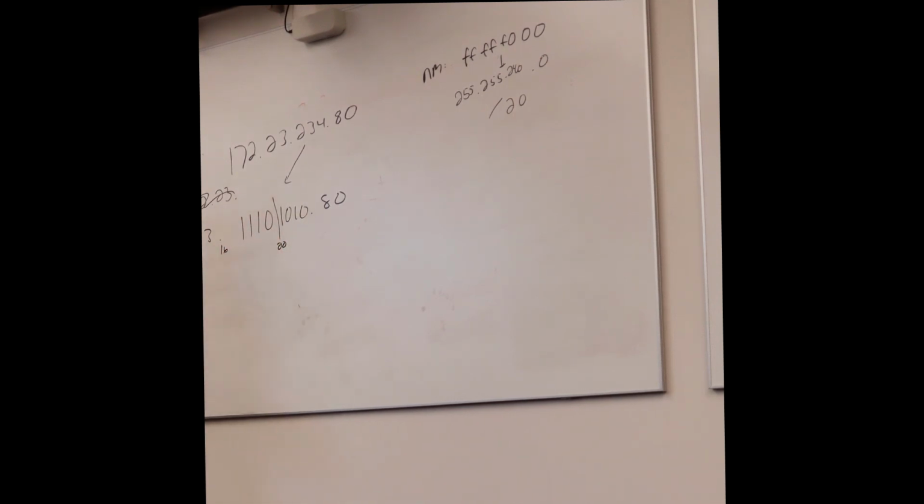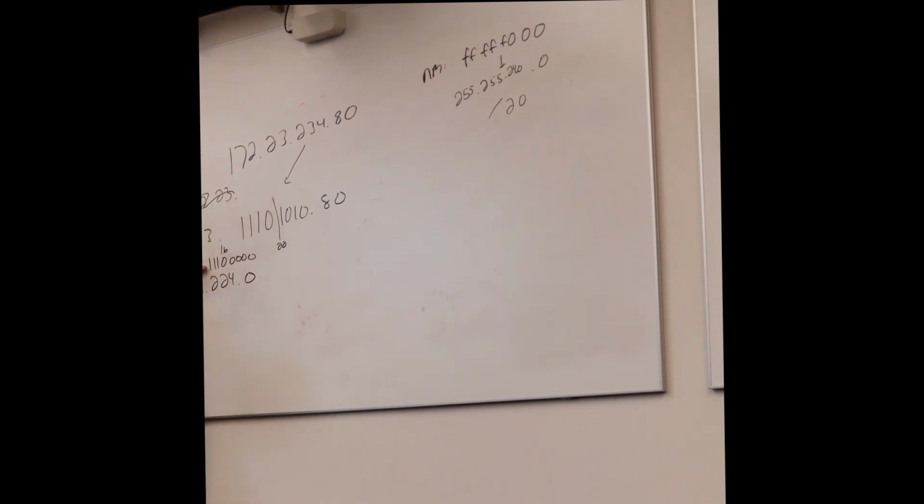And so if we look at what's in this range, we have 172.23 dot what? This is 224, right? 1110 0000, dot 0.